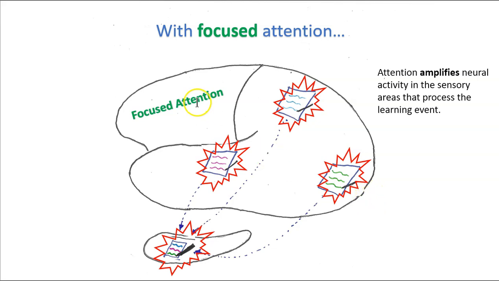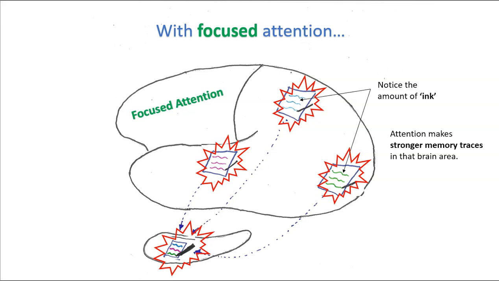Now, we might be just focusing on what we're looking at and not paying attention to sounds in our environment. Well, in that case, the attention signals would only be amplifying the visual cortex and not so much the auditory cortex, or vice versa. But the idea is that the effect of attention is to amplify neural activity in the areas of the brain that are processing the information from the world.